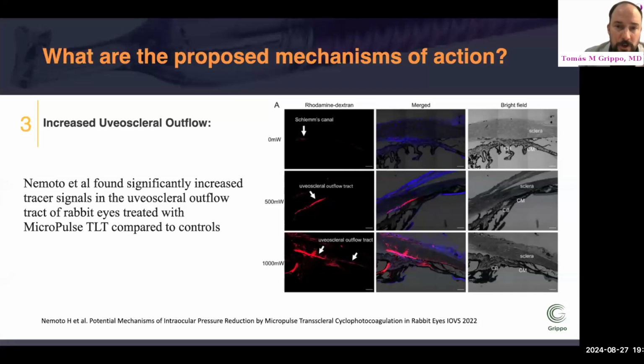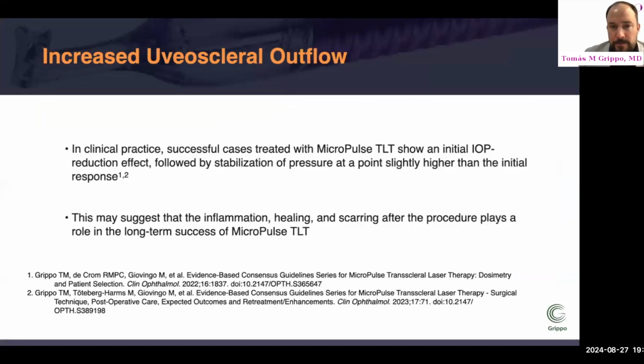And what they saw was that the uveoscleral outflow system was actually enhanced in eyes treated with MicroPulse TLT compared to controls. And before I get to describing more of his work, I want to mention the following.